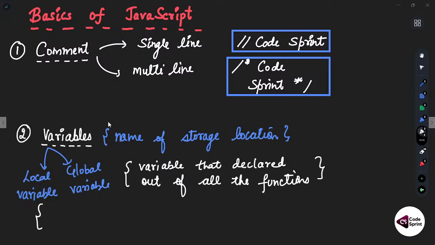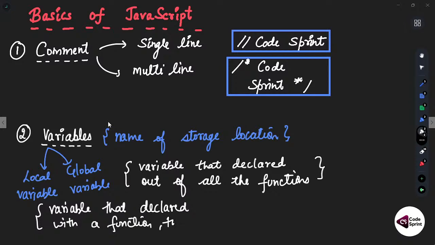And local, when any variable is declared within a function, then that variable is going to be local for that particular function. A variable that is declared within a function is local to that particular function.